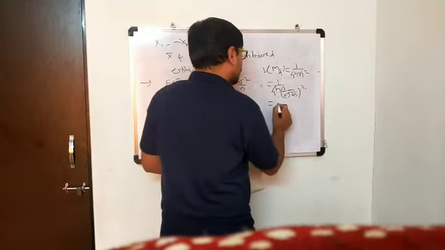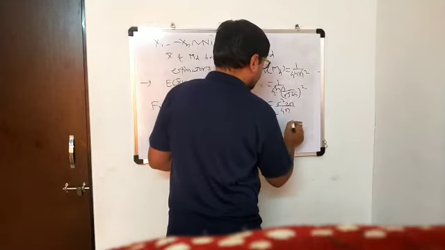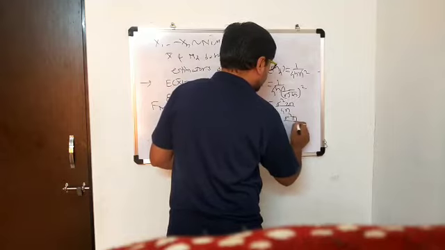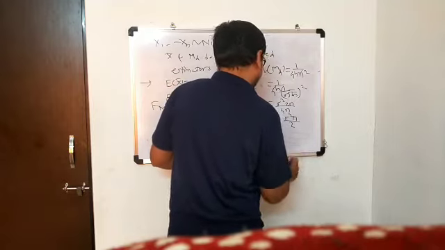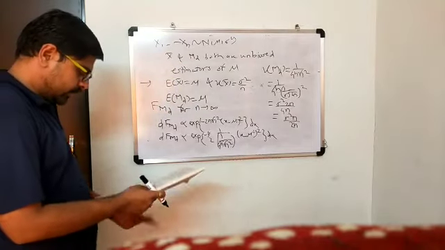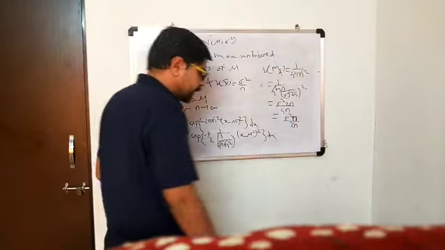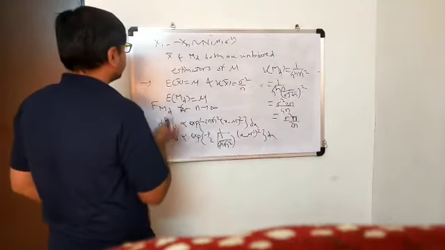So sigma square into 2 pi divided by 4n, which is equal to sigma square pi by 2n. So sigma square pi upon 2n is the variance of the median.